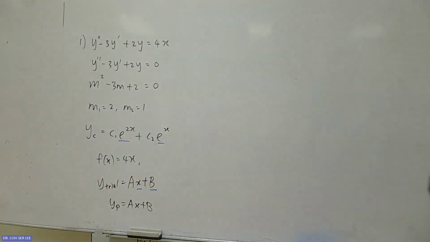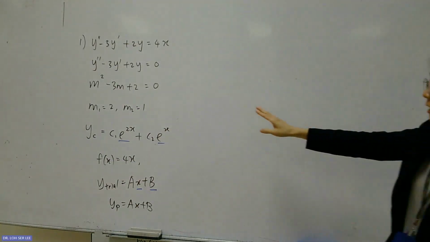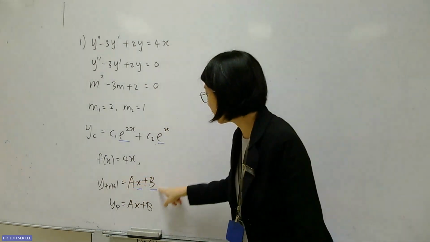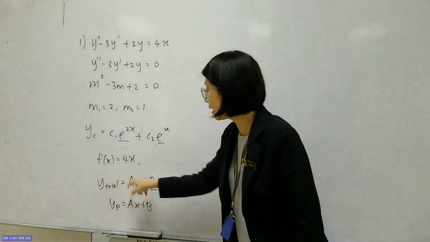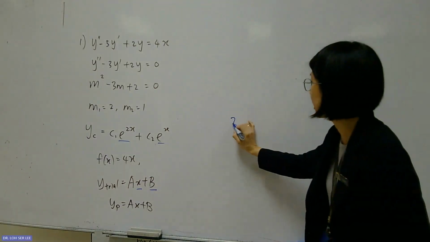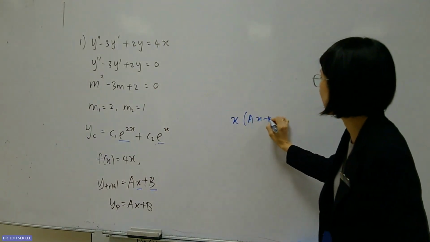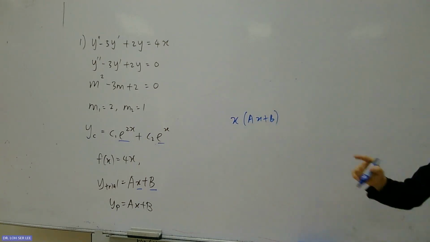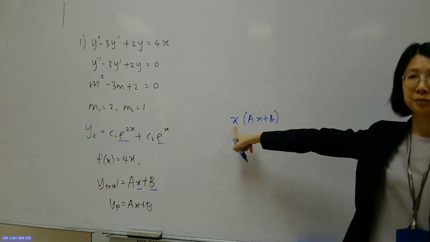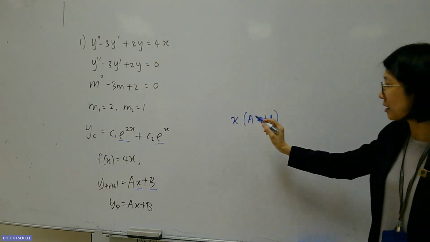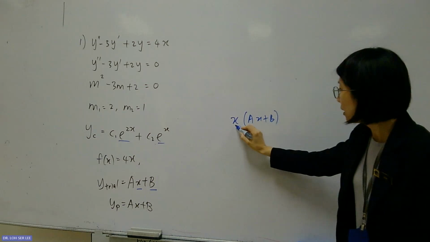So what happens if there is a duplication? If there is a duplication, we will put this into a bracket and then insert an x in front, something like x times (ax plus b). Then we insert an extra x in front of the y trial.